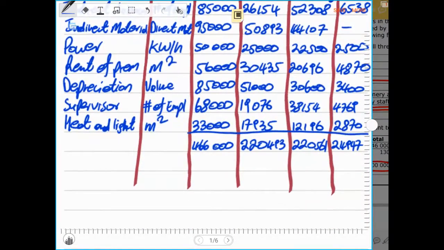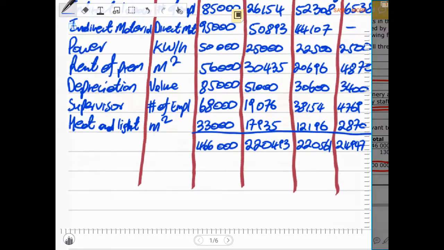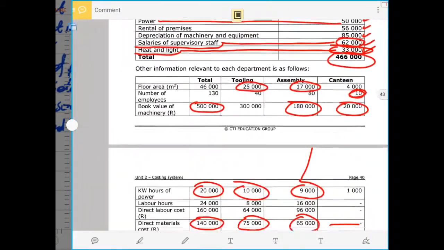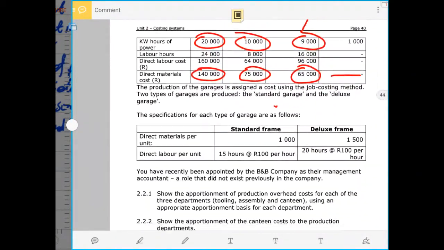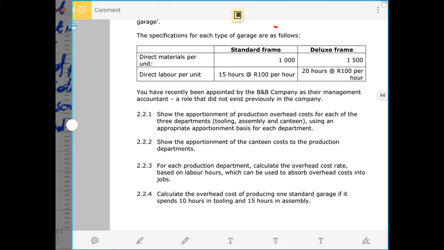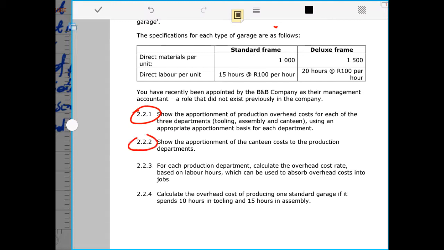So that was requirement number 1, which is 2.2.1: show all the apportionment of product overhead costs for each of the 3 departments. And 2.2.2 says show the apportionment of the canteen cost to the production departments.